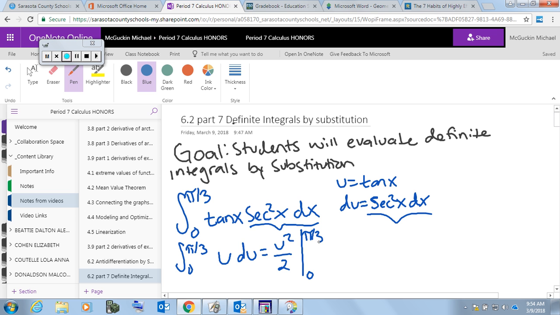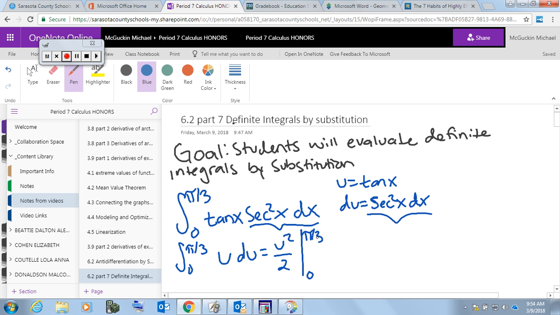So you have a couple different ways you could go about this. You could substitute 0 and pi thirds into tangent x and get those values, 0 and the square root of 3, and substitute those into u. Or you can substitute tangent back in for u, and then evaluate from 0 to pi thirds.